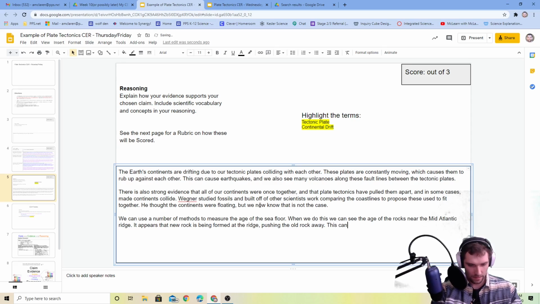This can actually be observed nowadays directly, but the sea floor record has been measured for a long time.